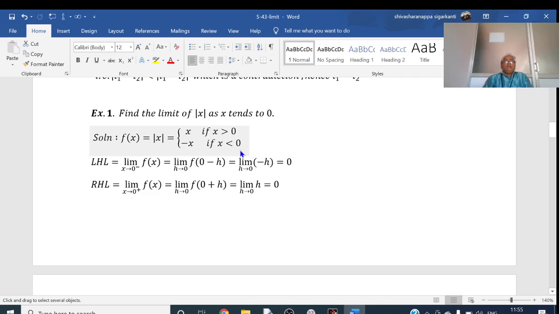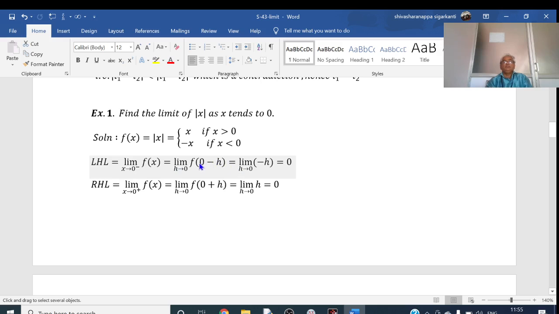Now, to find the limit of this, we find the left hand limit and the right hand limit. If we get both the limits and they are equal, then we say that the limit of the function exists. So what is the LHL? Left hand limit is the limit of f of x as x tends to 0 minus. This can be written as the limit of f of 0 minus h, that is f of minus h, as h tends to 0.